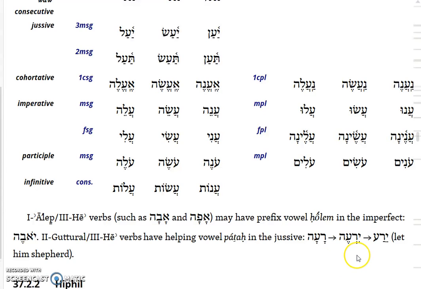And the imperfect of that is regular for a third hey, which is yir'eh. But when you make it jussive, it becomes yerah, let him shepherd, getting a patah here because the guttural likes the a vowel.